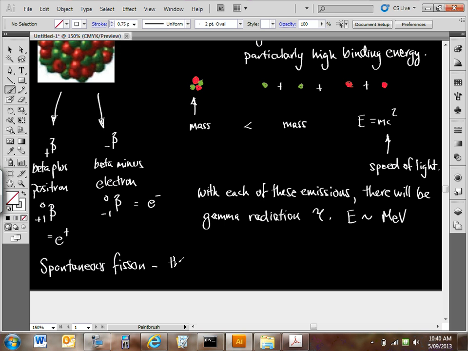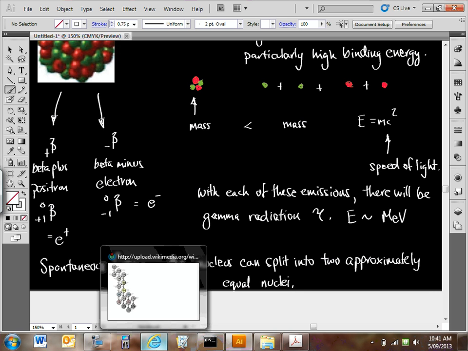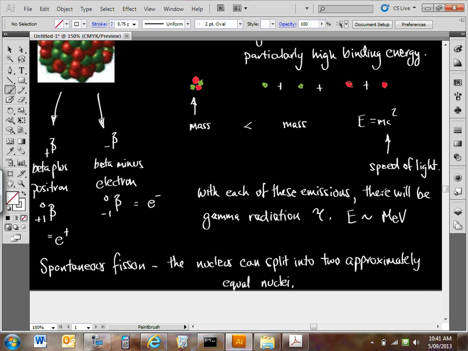The nucleus can split into two approximately equal nuclei. We call them daughter nuclei, but we'll talk about daughter and parent nuclei in a second.